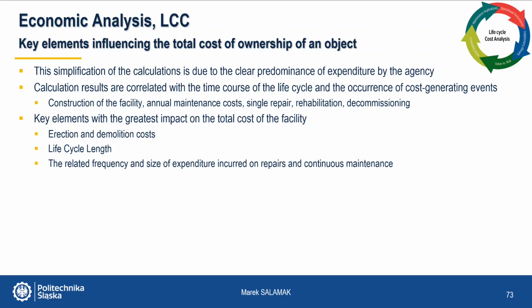Such events are, successively, construction of the facility, its annual maintenance costs, single repairs, rehabilitation of the entire facility, and its liquidation. The key elements influencing the facility's total cost are the costs of its construction and demolition, and the length of its life cycle and the related frequency and amount of expenditure incurred on its repair and continuous maintenance.